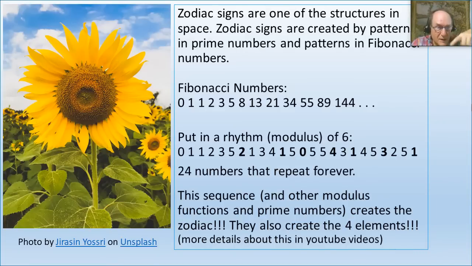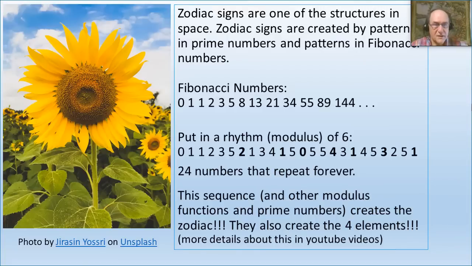Everything is spinning. The subatomic particles have three properties, one of which is spin. The Earth is spinning. The Earth is revolving around the sun, a form of spin. The sun is revolving around the galactic center, which is another form of spin. You look at the galaxy and you see these spinning spirals. I don't know why God or the Force or whatever you want to call it loves spin, but it does.